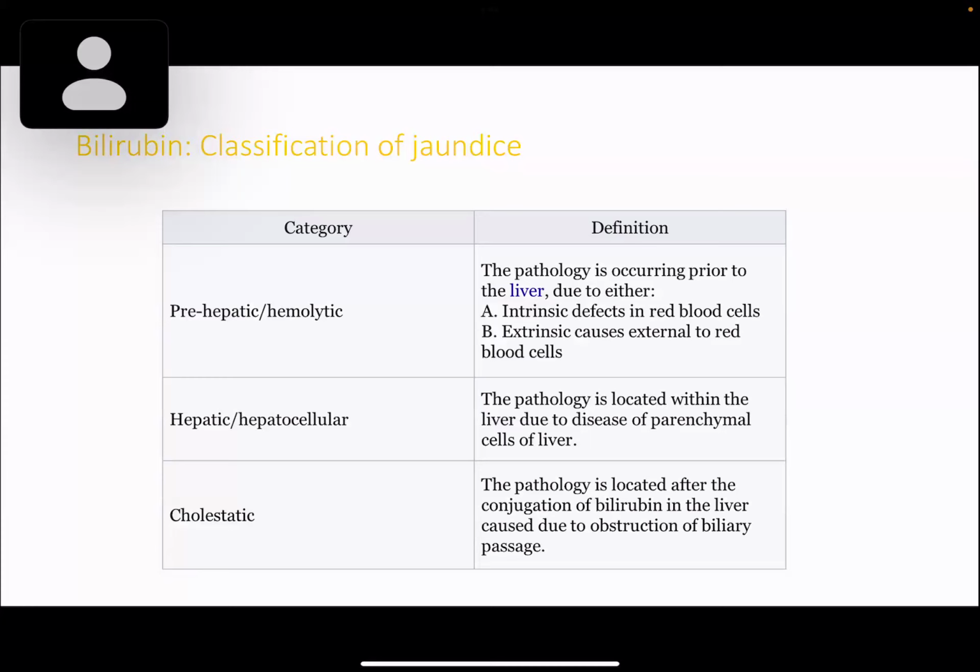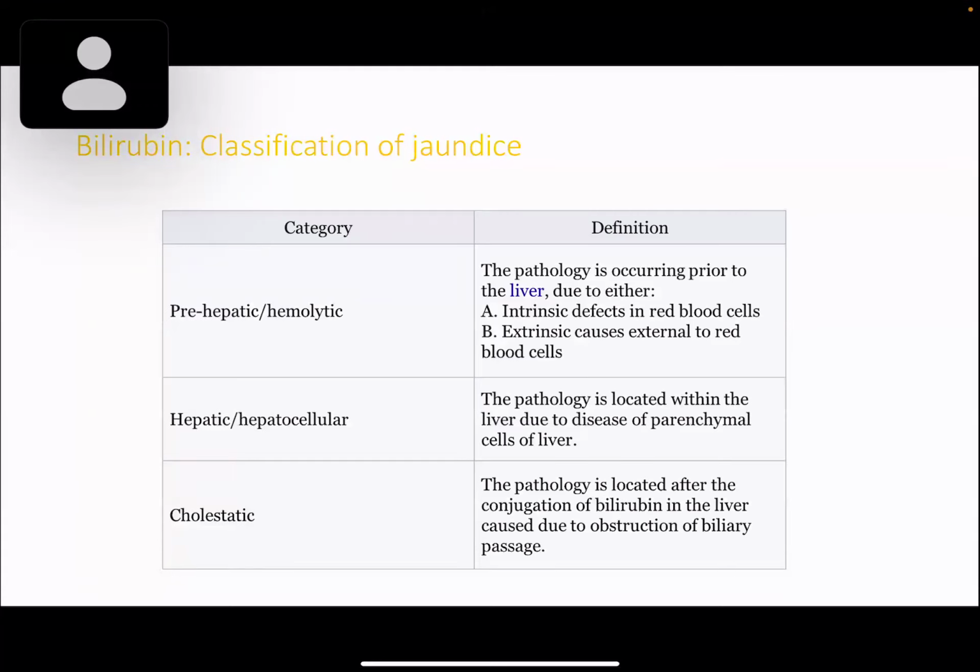Hepatocellular jaundice is the type of jaundice that occurs due to acute or chronic liver insults. In this type of jaundice, both types of bilirubin will be elevated, conjugated and unconjugated, but usually conjugated bilirubin will be dominant.